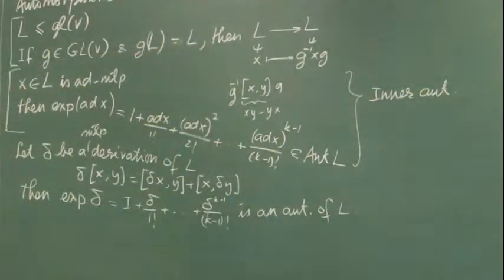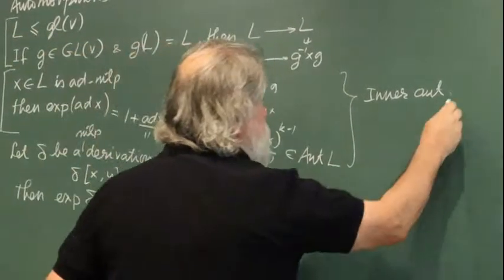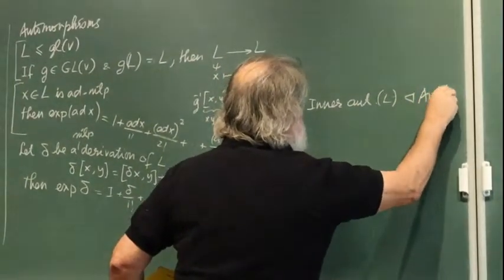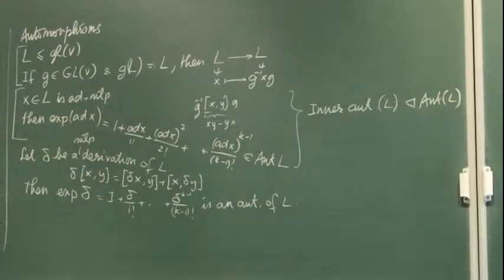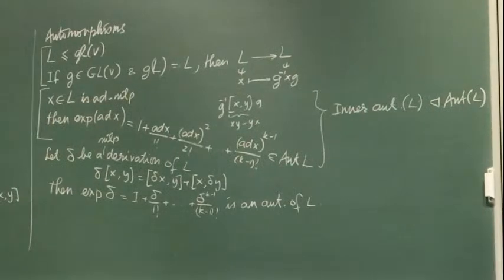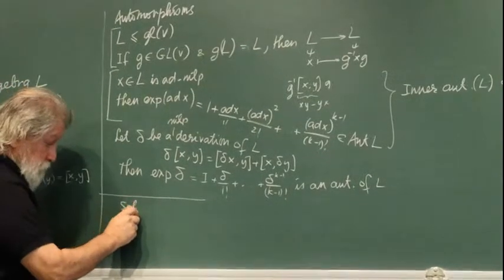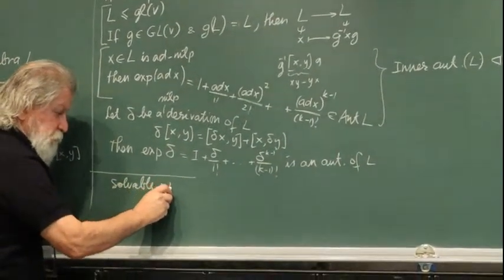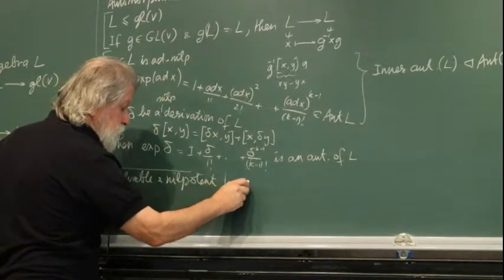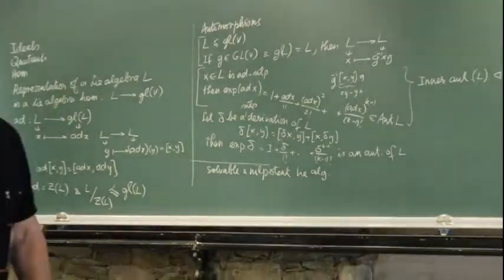Inner automorphisms form a normal subgroup in the automorphisms of L. Okay. Next, we have seen solvable and nilpotent Lie algebras. This is exactly like in groups, no difference.